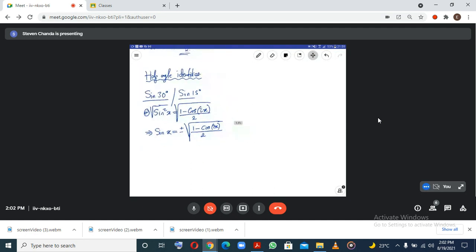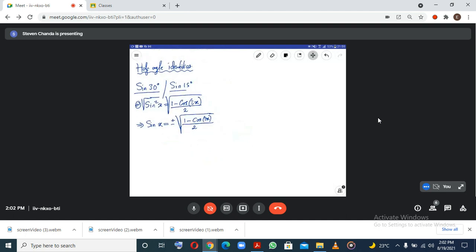Now remember that our focus is to establish a half angle identity. So where you have that x, or that angle, you simply make it half. So you've done half, then here plus or minus. Now here you had 2x, right?